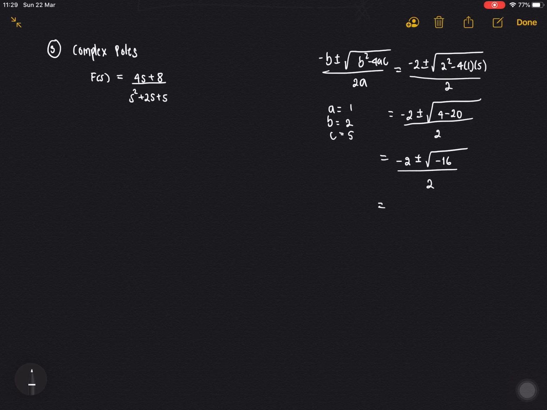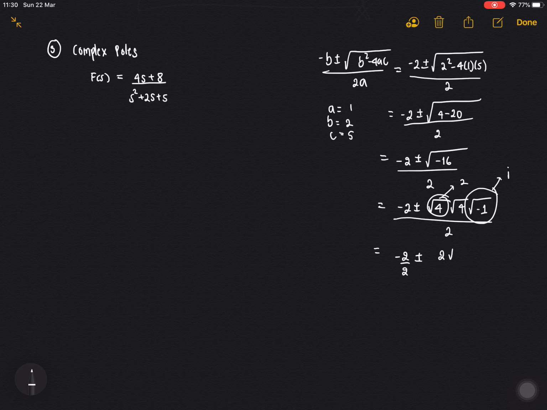If you continue, you will have the square root of 4 multiplied by the square root of minus 1. Remember, the square root of minus 1 is equivalent to the value of i, and then you divide that by 2.